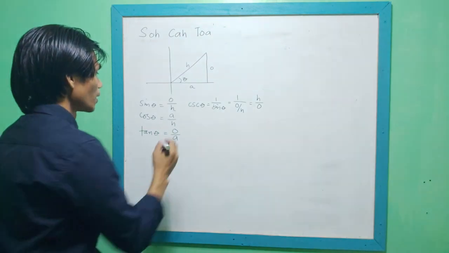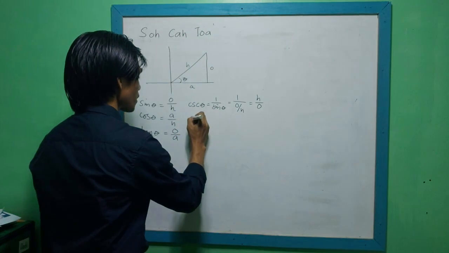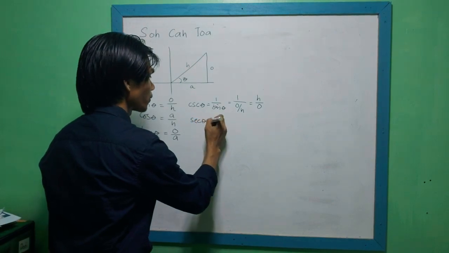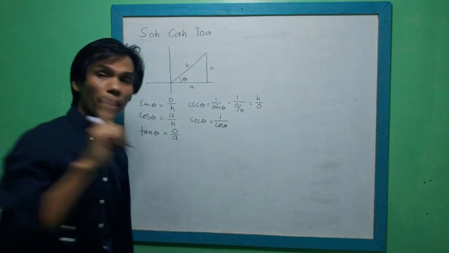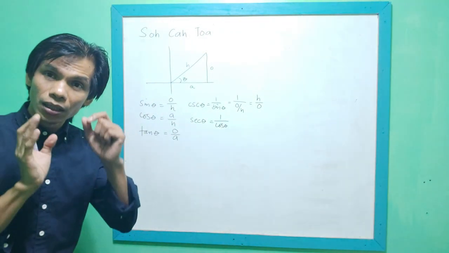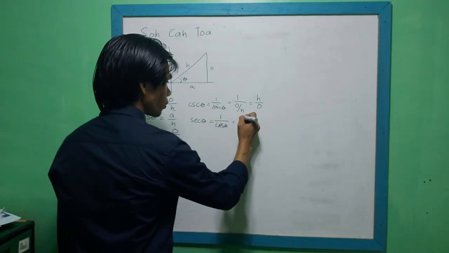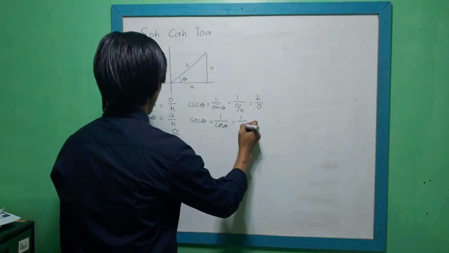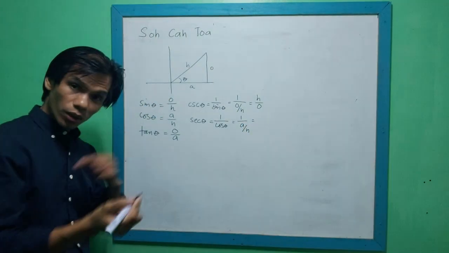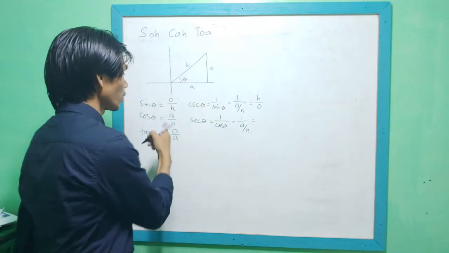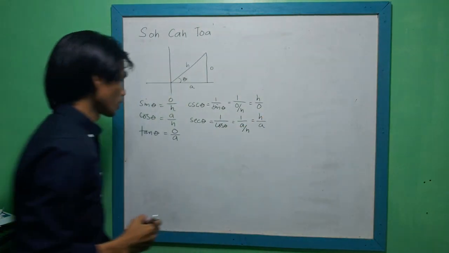Okay? So, ang reciprocal naman ng cosine theta is secant. So, secant of theta is 1 over cosine of theta. Napakahalagang malaman mo to kapag you are dealing with trigonometric identities. So, that will be equal to 1 over adjacent over the hypotenuse. Katulad ng sabi ko kanina, pagbaliktarin mo na lang. So, that is H over the adjacent.